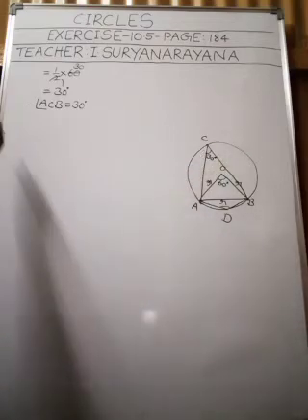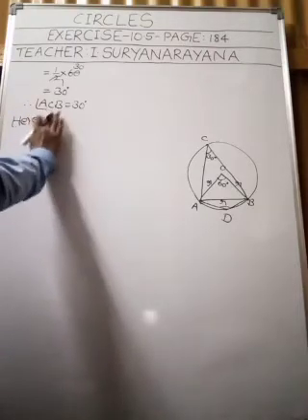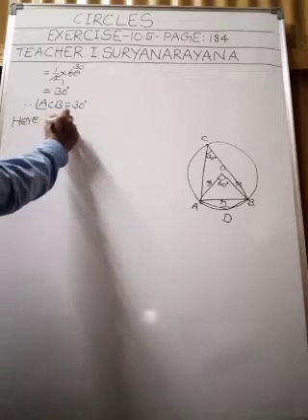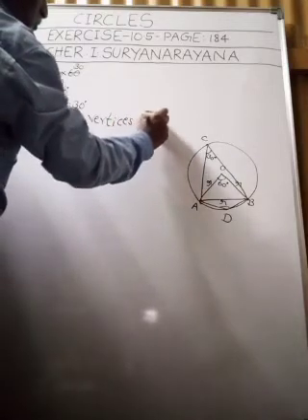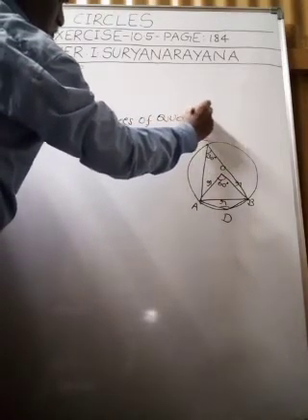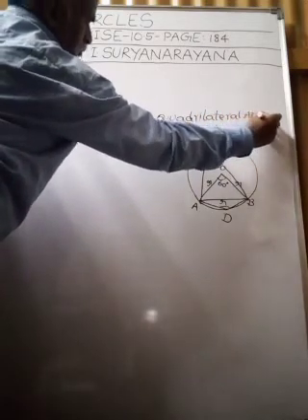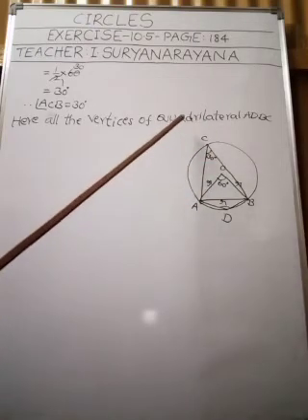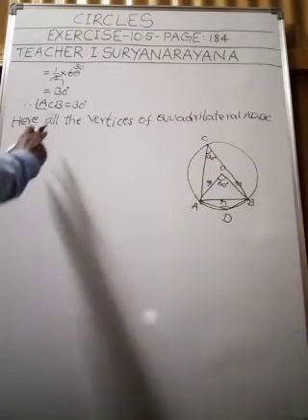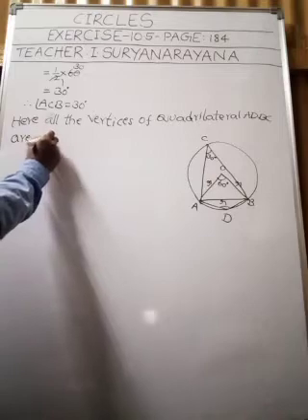Yes or no, my dear children? All the vertices of quadrilateral ADBC are lying on a circle.